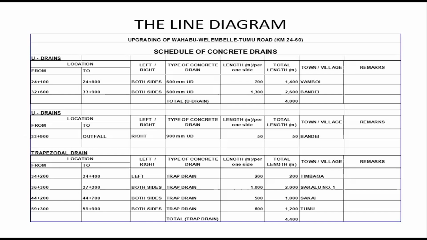The location is both sides, and the type is a 600 millimeter U drain. Here they have the town locations too. So this U drain is located in Van Boy town, and the next one is at Bande. Then same as the trap drains also.